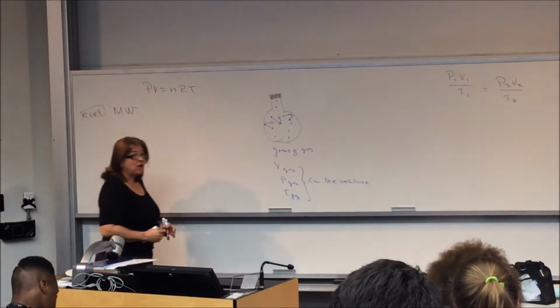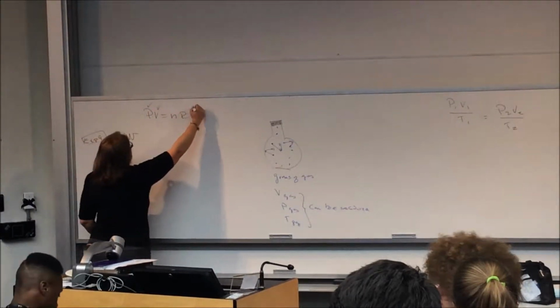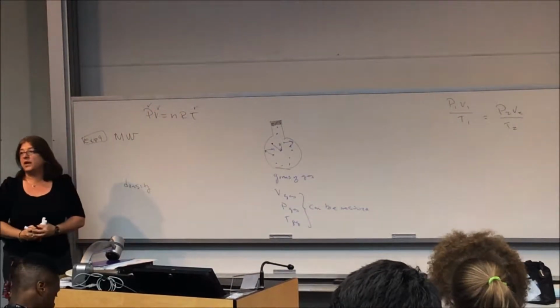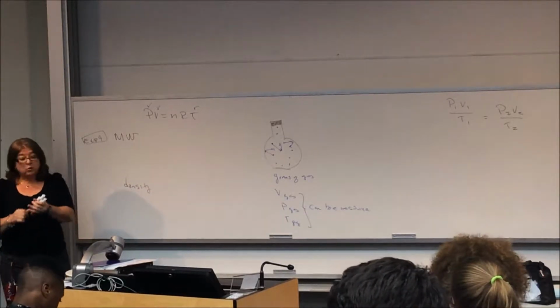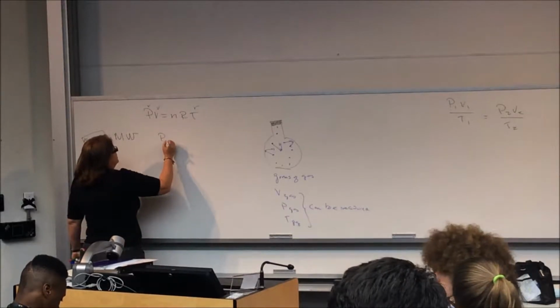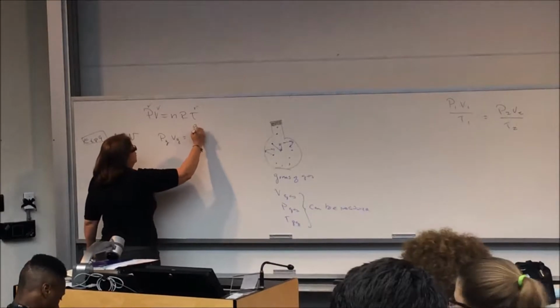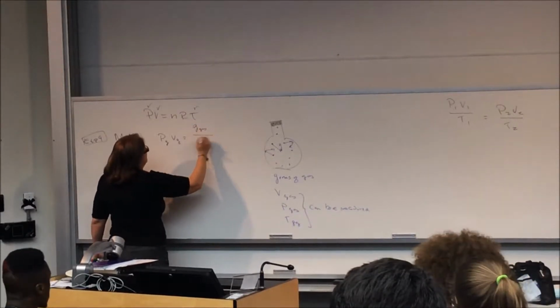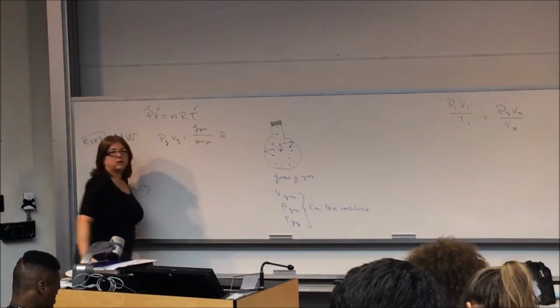And if you have all that, look what you got. You got the pressure, the volume, and the temperature of the gas. Check, check, and check. If you also have the grams of the gas, look what happens. Pressure of the gas times volume of the gas equals the grams of the gas divided by the molecular weight of the gas, times R. What's R called?